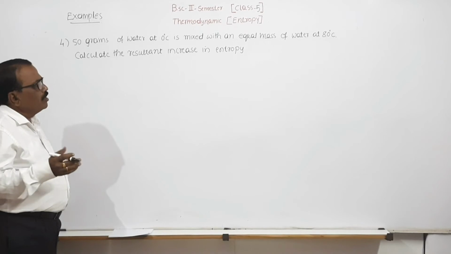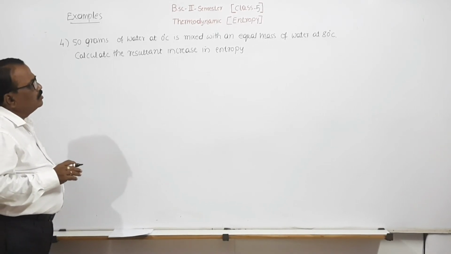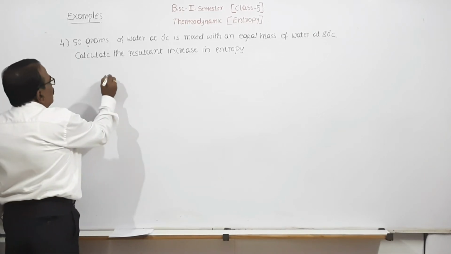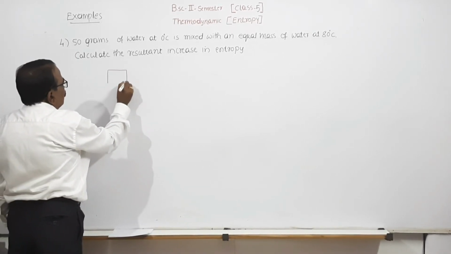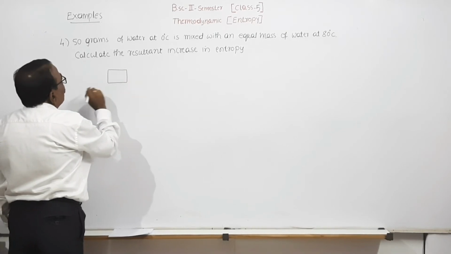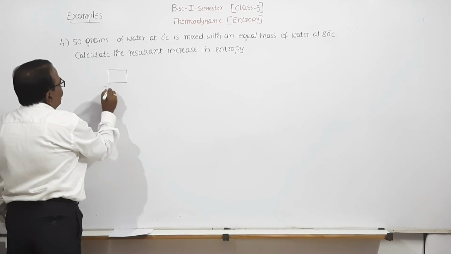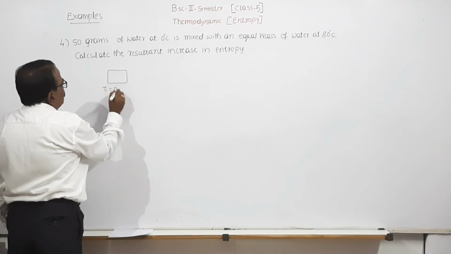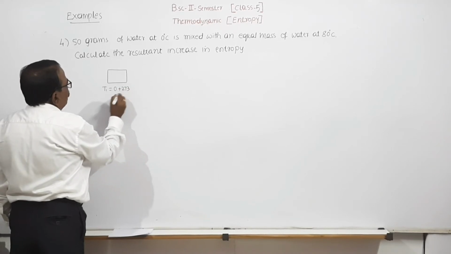Now in the fourth example, 50 grams of water at 0 degrees centigrade is mixed with an equal mass of water at 80 degrees centigrade. Assume that this is your 50 gram, at T1 is equal to 0 plus 273.